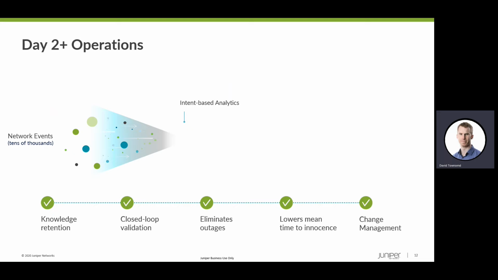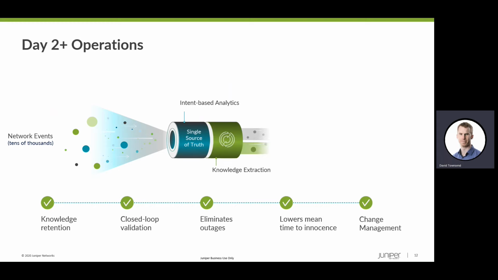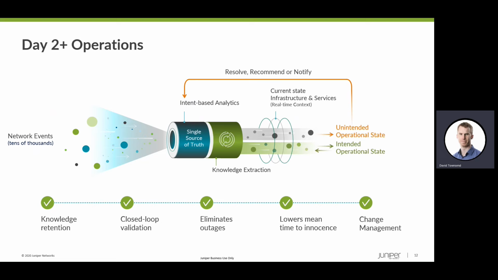So as you know, we have the intent, and we have an understanding of what the network is supposed to do. And because Apstra deployed the service, it has a really solid understanding that's supported in its graph database technology.